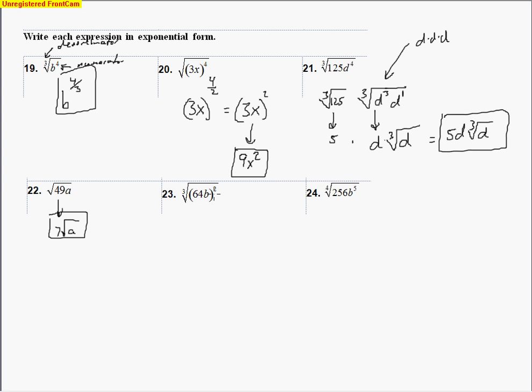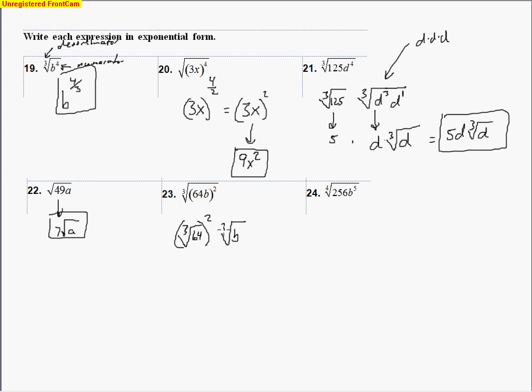So let's go ahead, and what I like to do is I like to take the cubic root first, if at all possible, and that's what I'm going to do here. So I'm going to take the cubic root of 64, and then I'm going to square that answer. You can always do that, and I think that becomes easier rather than trying to square 64 and then take the cubic root. And I can do the same thing on the next one.